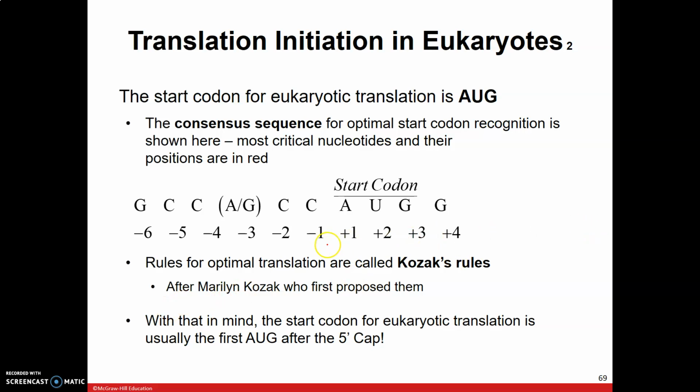And so for translation to occur, we use what are called Kozak's rules, after Marilyn Kozak. What Marilyn Kozak proposed is that the start codon is usually the first AUG after the 5' cap, because AUG means methionine, and you can find methionine downstream as well, but it's that 5' cap that's going to make a difference.